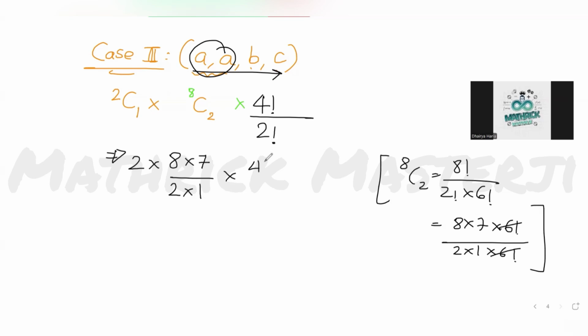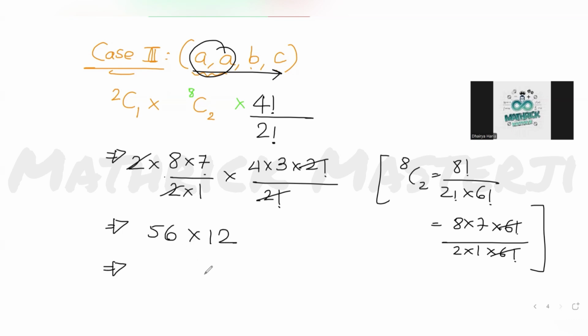And 4 factorial I can write as 4 times 3 times 2 factorial over 2 factorial. So this and this cancels. So 2 and 2 also cancels. So I get from here 8 times 7, which is 56. And 4 times 3, which is 12. So 12 times 6 is 72. 12 times 5 is 60. So 672 words I can form in this case.